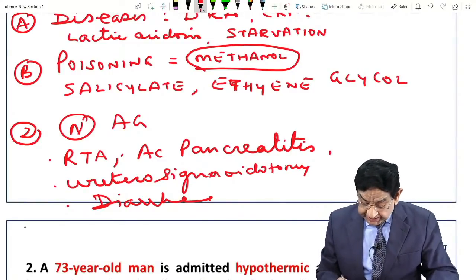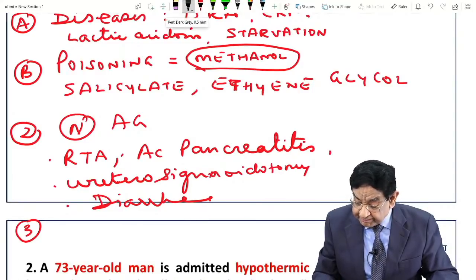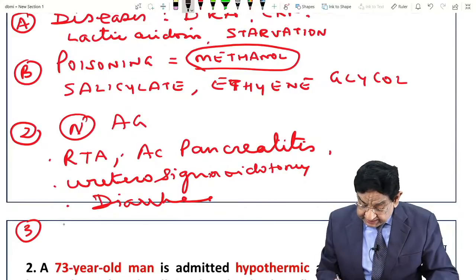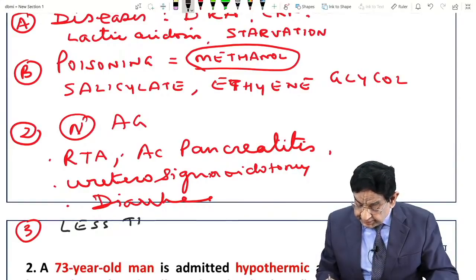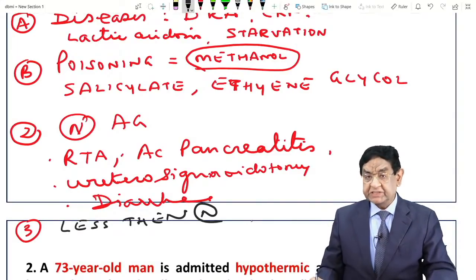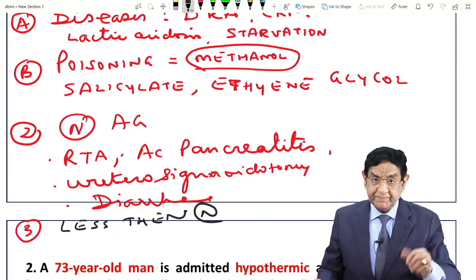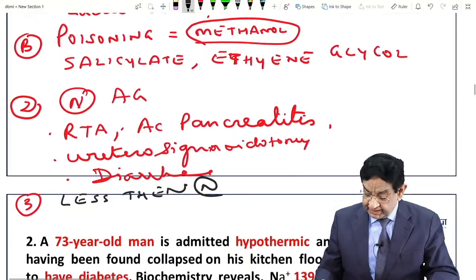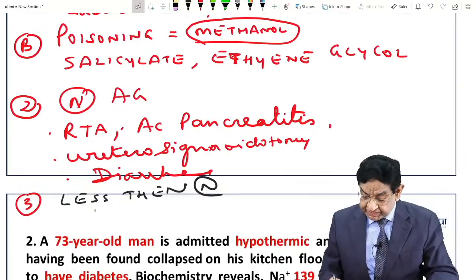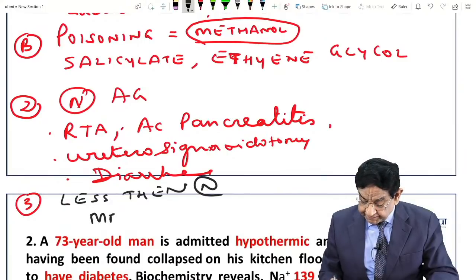Now one thing very interesting, there are a few conditions where the anion gap may be even less than normal. Less than normal, where normal was 6 to 12. So if the anion gap is 2, 3, 4, 5, we call this less than normal, and this we see in multiple myeloma.